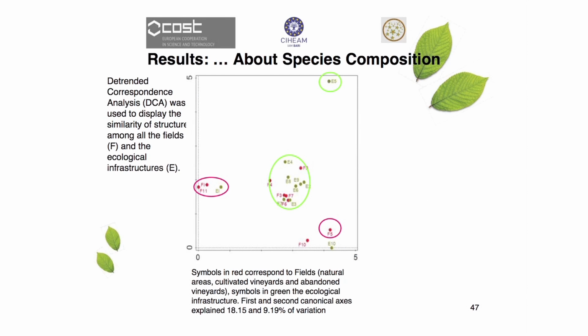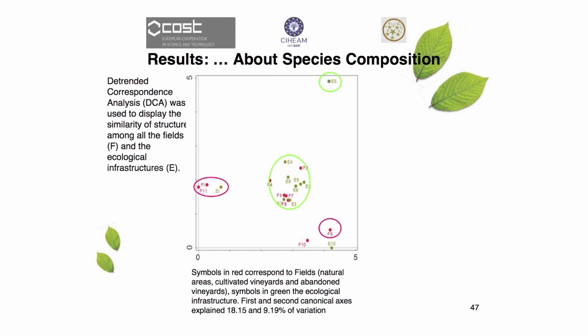So, going back to the first picture I showed you about the characteristic of the fields, we can say that those fields clusterize because the species content of the natural area is similar. But there is something else I will tell you later.